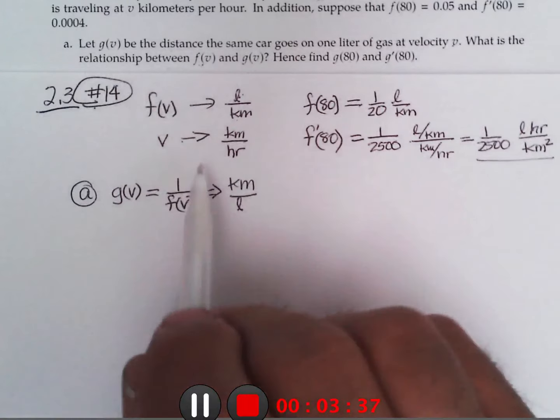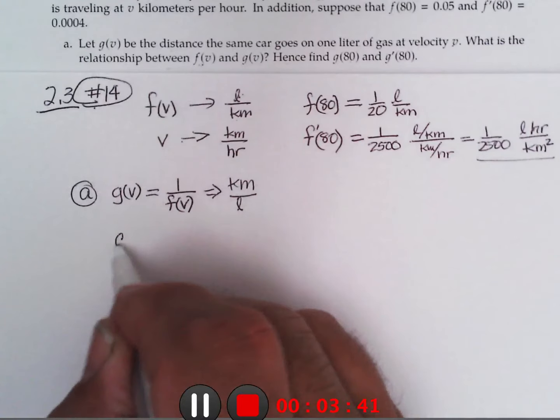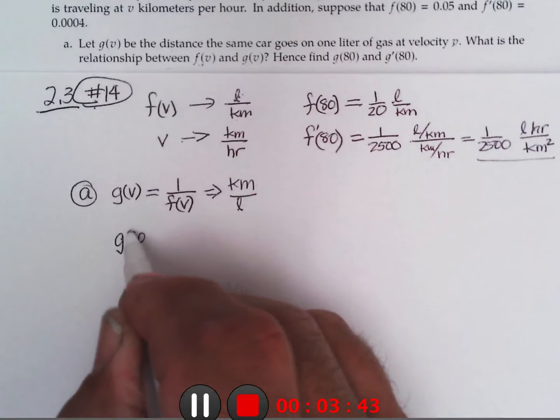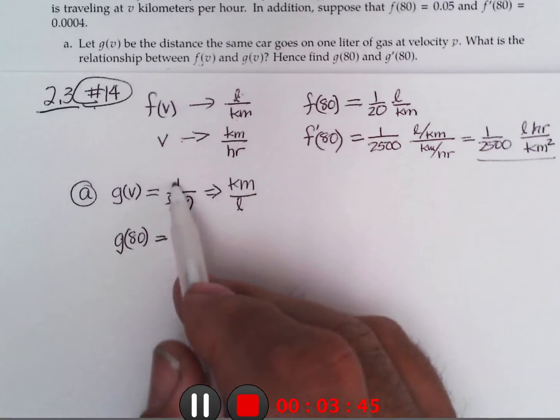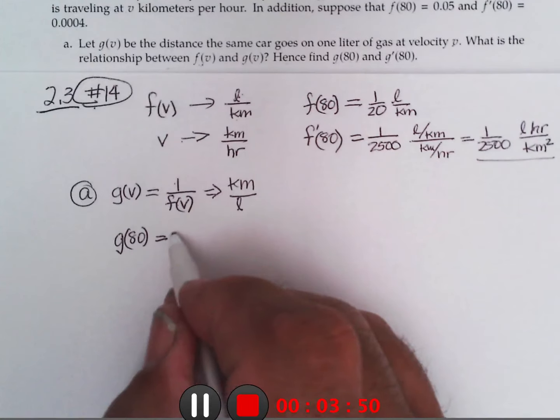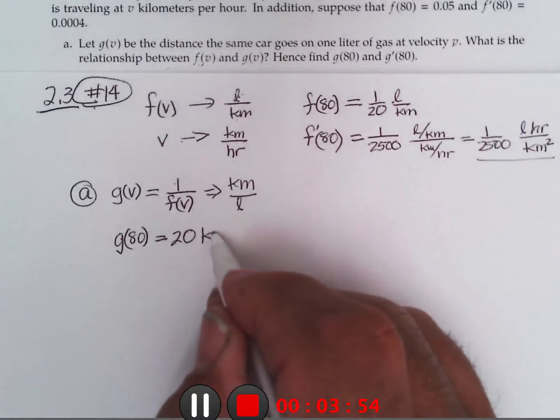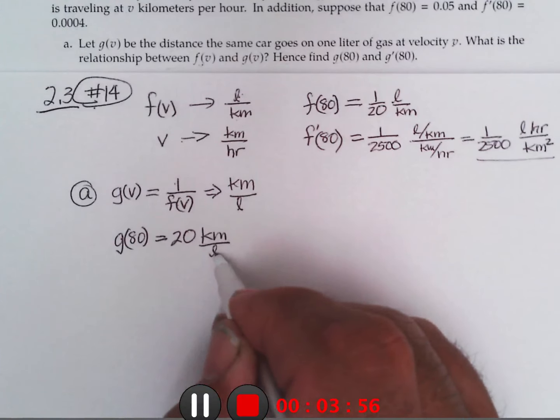Now it says find G of 80. G of 80 is simply the reciprocal of F of 80, and that's 1/20, so this is 20 kilometers per liter. That one's easy.